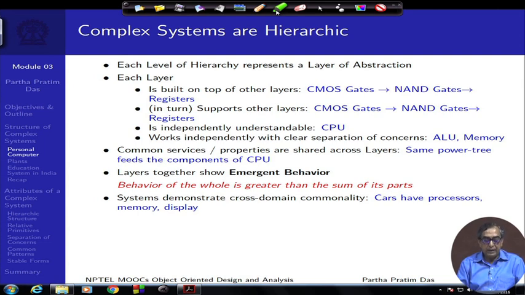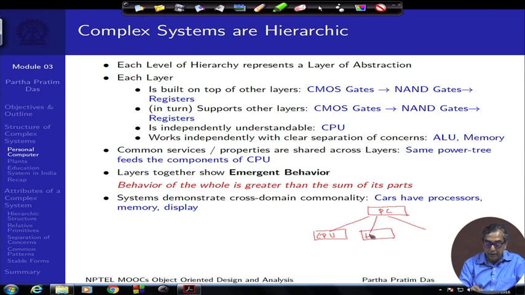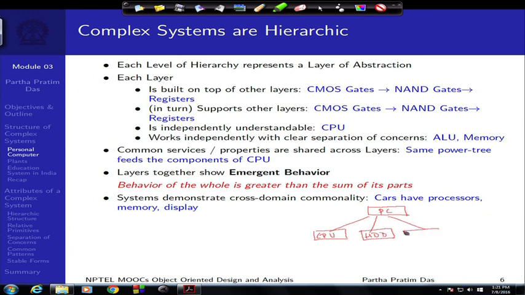So, I can say that this is at the top level of hierarchy, this is a personal computer. Now, we say that this comprises a number of other levels hierarchically: HDD, monitor, keyboard, and so on.